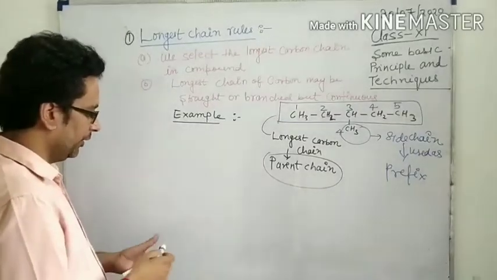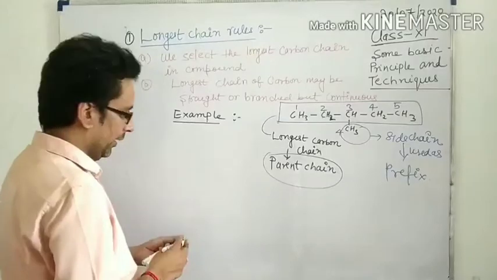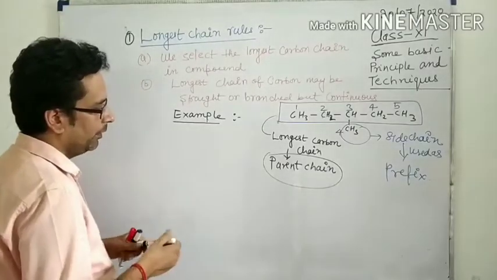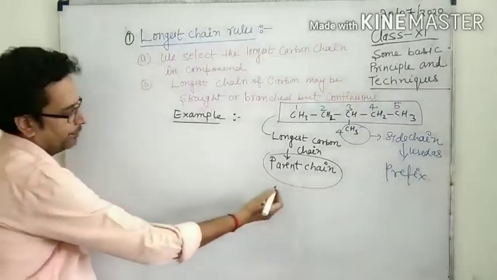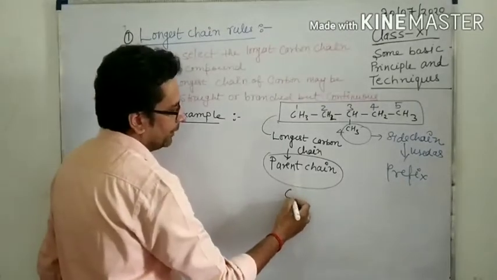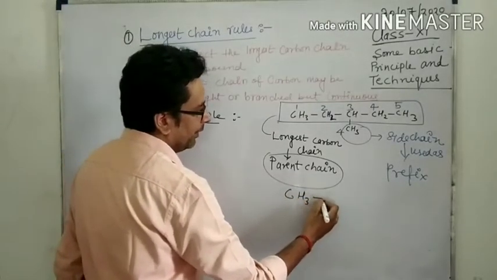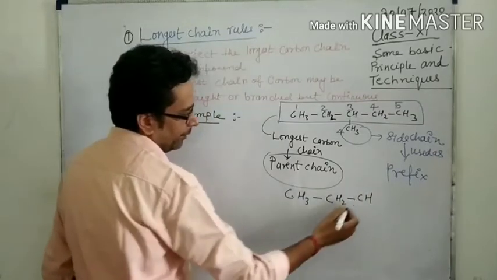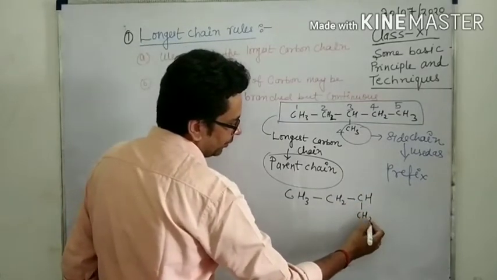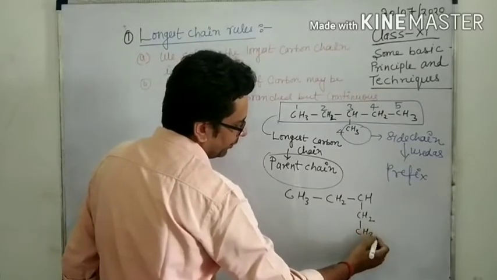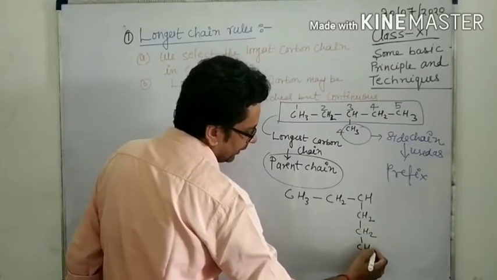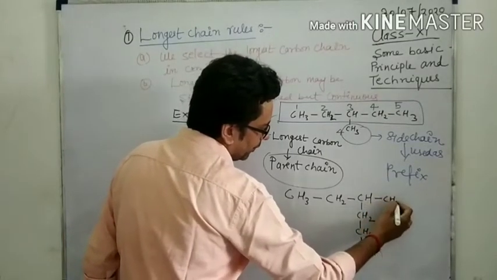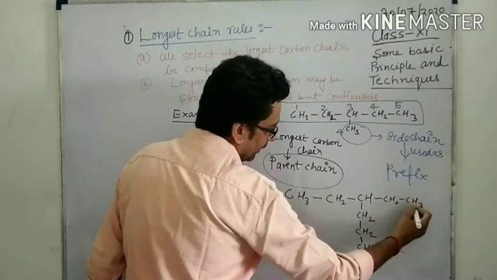Now next I am going to another example. Look here. CH3, CH2, CH, CH2, CH2, CH3, CH2, CH3.